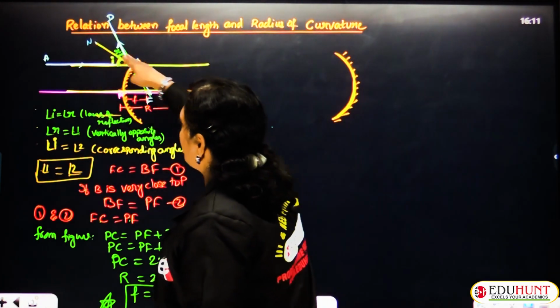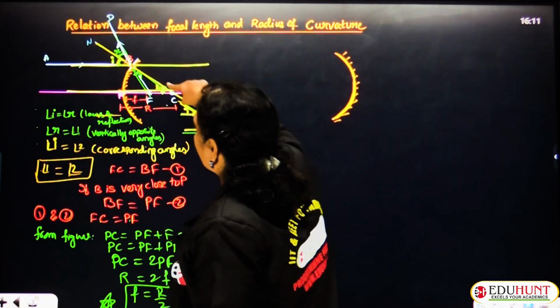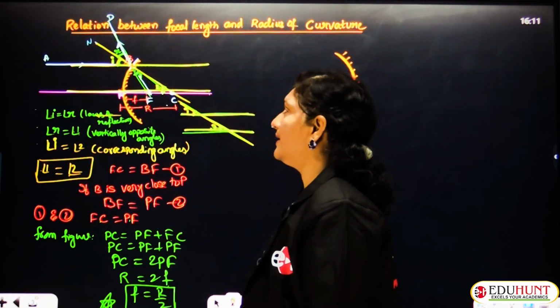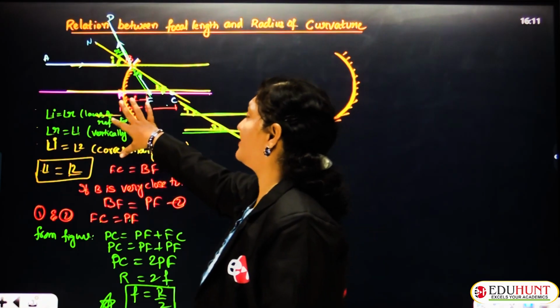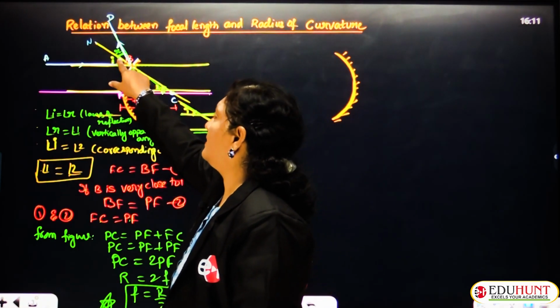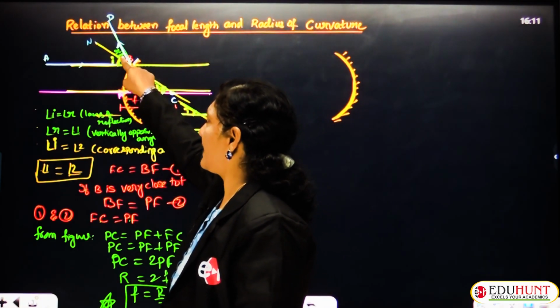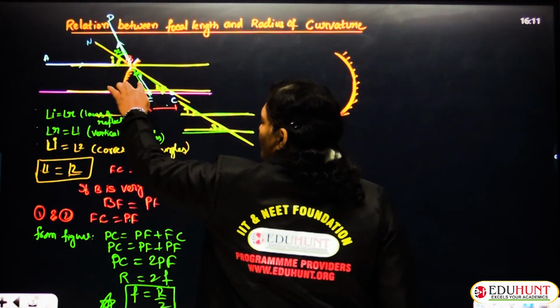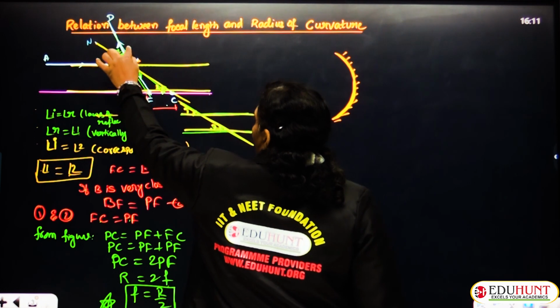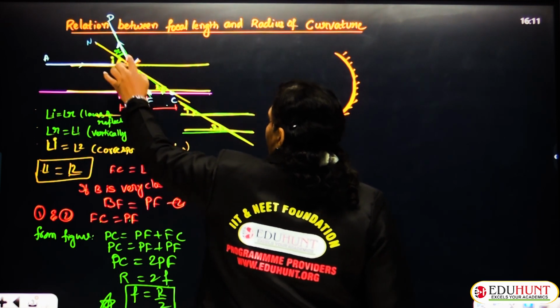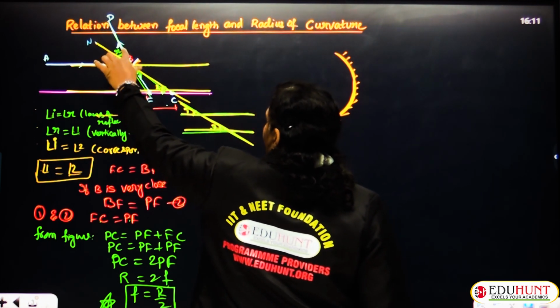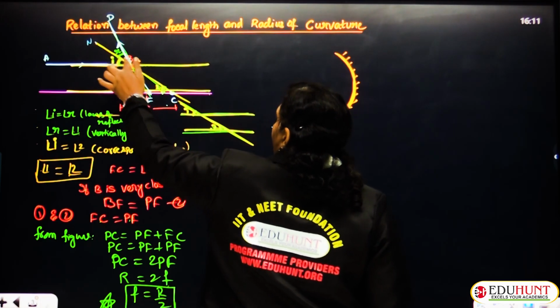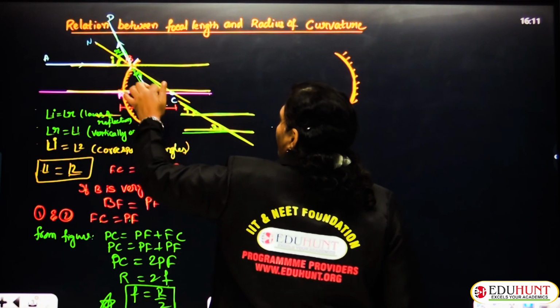A normal is drawn to this surface, and this normal intersects at a point C. From the laws of reflection, angle of incidence is equal to angle of reflection. So i is equal to r, and also from the picture the value of r is equal to angle 1 because of vertically opposite angles, and also angle i is equal to angle 2 because they both represent corresponding angles.